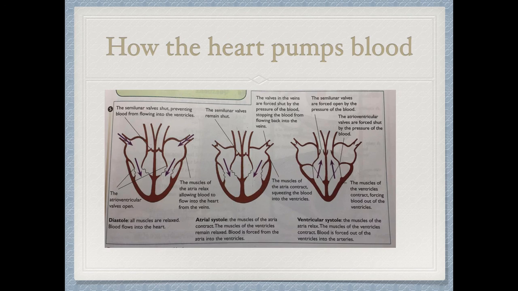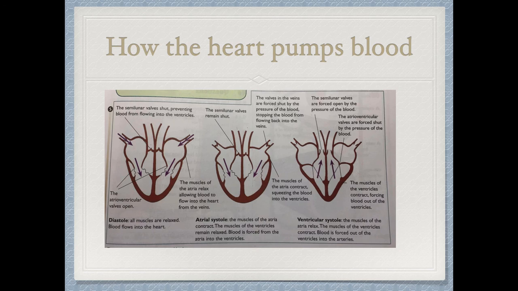Now, here's how the heart pumps blood. This is an image I've taken directly from my textbook because I can't find images on Google showing the stages of how the heart pumps blood. Now, this includes the valves. So, firstly, the heart comes into diastole. This is where all muscles relax, and this is where the blood flows into the heart.